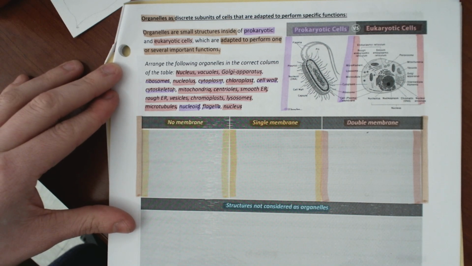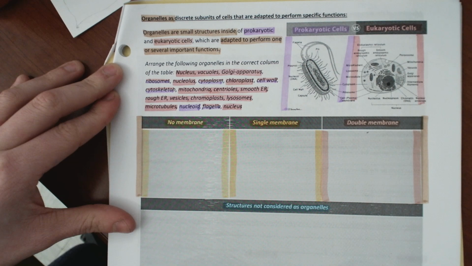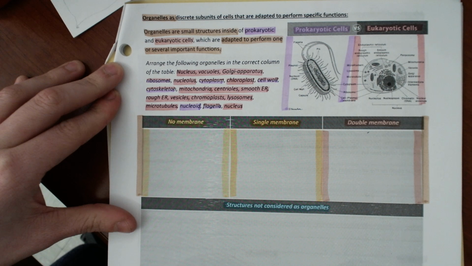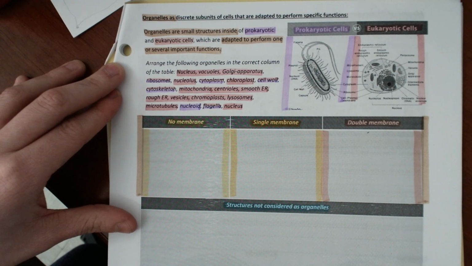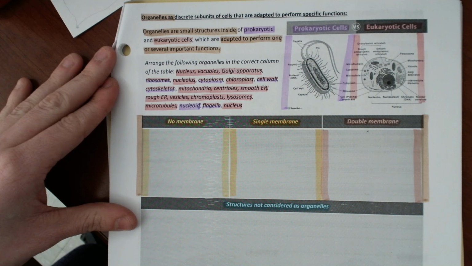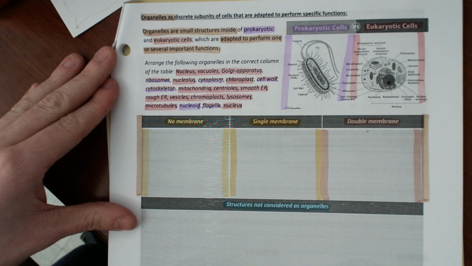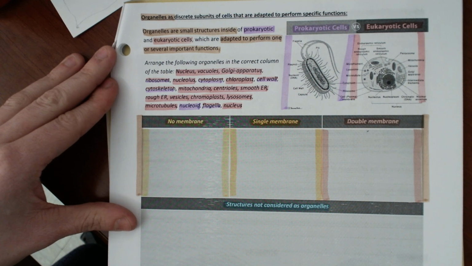So what I did is I went through and I pre-colored some of the stuff, just to try to save us a little bit of time. Of course, as I go through it, I'm going to explain what the color coding means to you still. That way you're not like, what the heck? But I figured it might help us go a little faster, maybe? I don't know, we'll see.